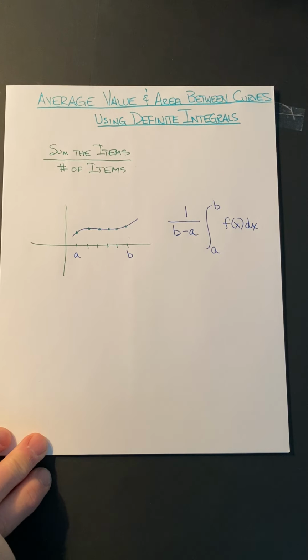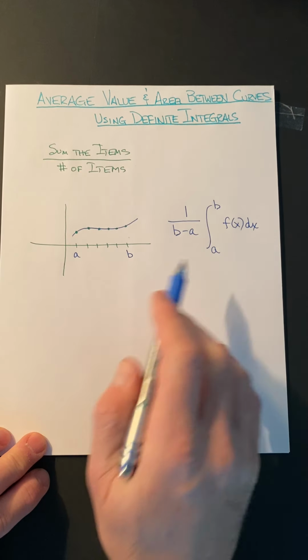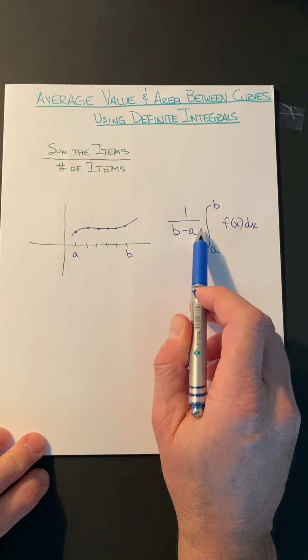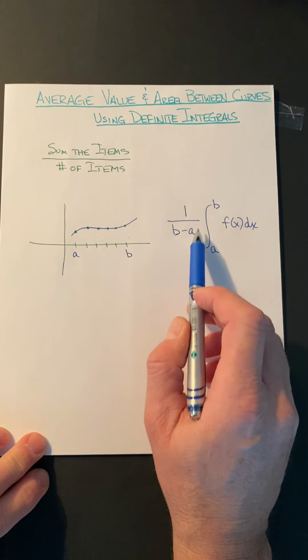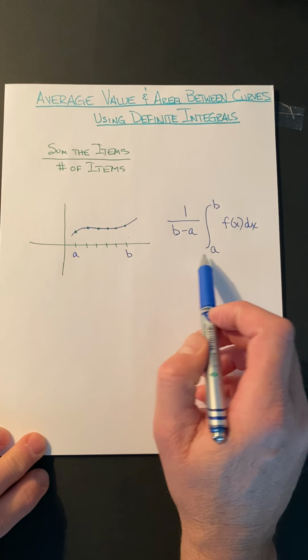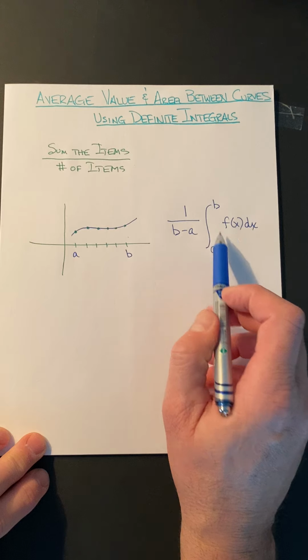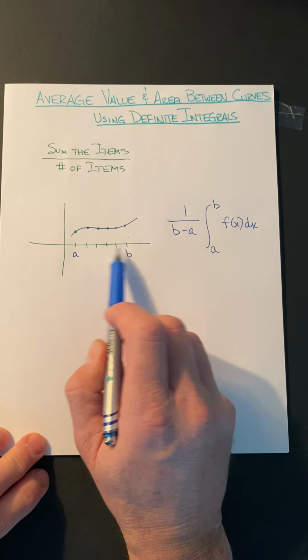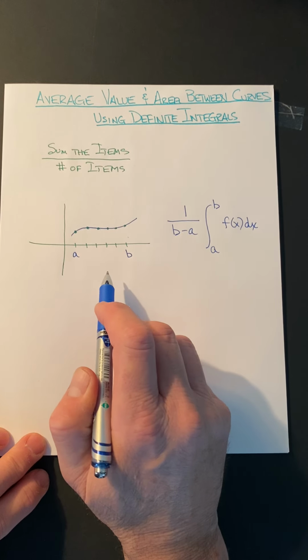Okay? So really nothing new from what we've been doing with definite integrals. It's just that we add this coefficient, if you will, out in front of the integral. It's still over the same area, if you will, of this x-axis.